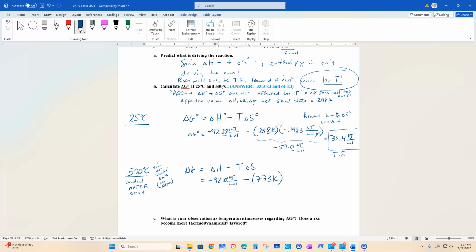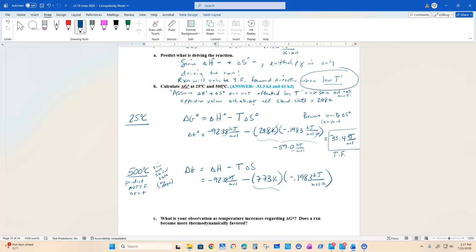773 Kelvin. And then my delta S is still the same, negative 0.1983 kilojoules per mole K. Okay, so let's take care of the temperature. So 773 times negative 0.1983.